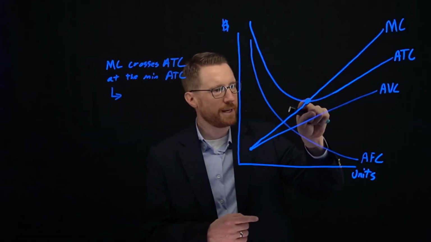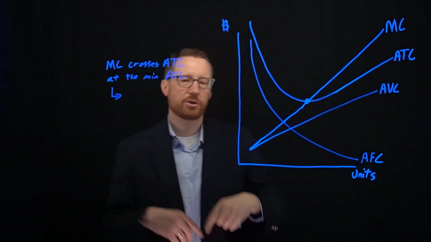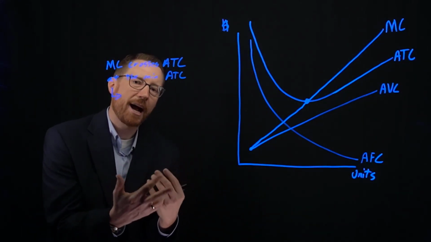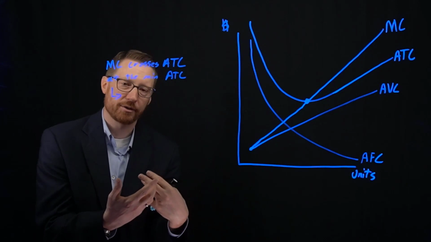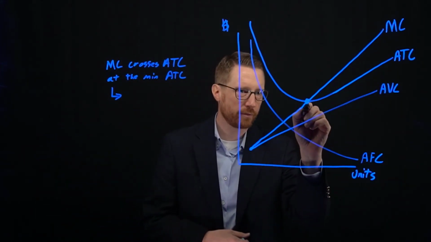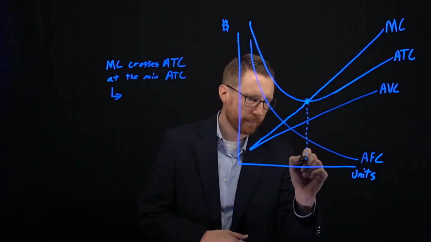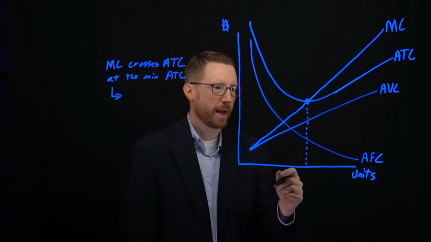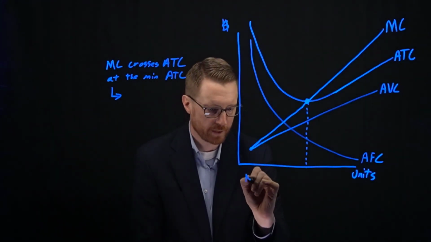If the cost of the next unit is greater than our average cost of units right now, what happens to the average cost of units? They're going to increase. So if we think about the two halves here, at lower quantities, what's our story over here?